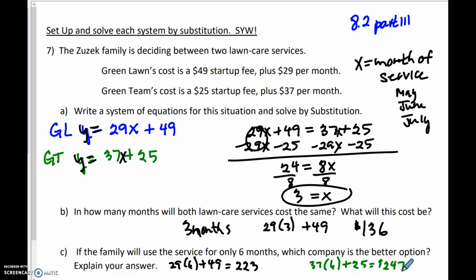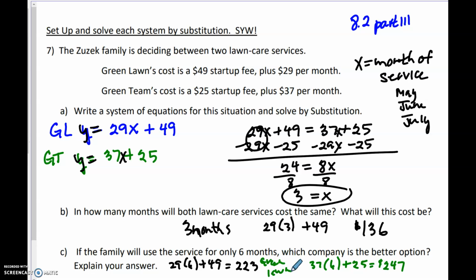So the one that is the better option is going to be green lawn, the first one. So green lawn will be cheaper.